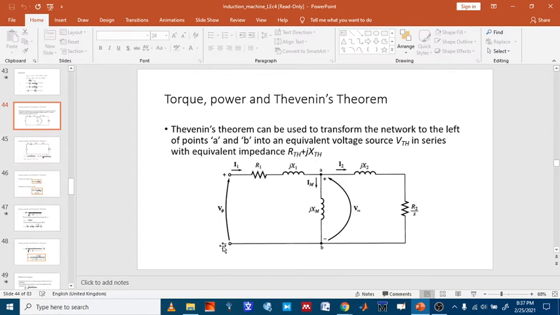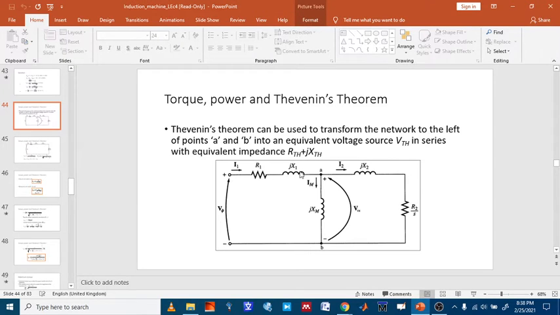RTH is the total impedance from here and here: R1, JX1, and JXM. As we can see, R1 and X1 are in series, so it is R1 plus JX1, in parallel with XM.